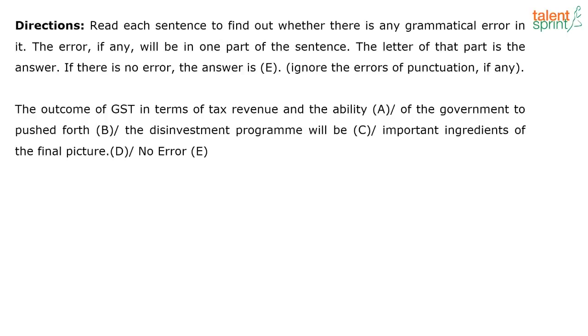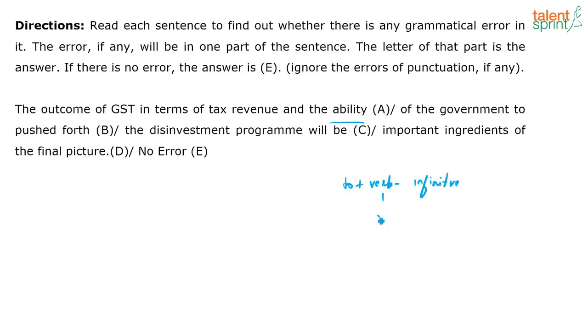So this is an easy one, right? Because obviously, if you look at the context, the outcome of GST in terms of tax revenue and the ability of the government to do something, right? Ability being your clue word. I have the ability to do this. I have the ability not to do this, right? Obviously, I need "to" plus verb form, which is nothing but the infinitive, right?